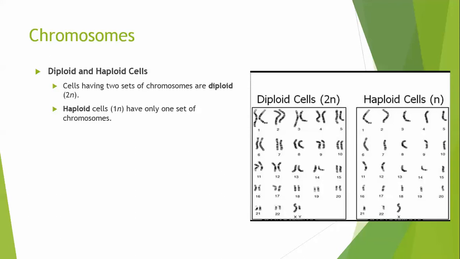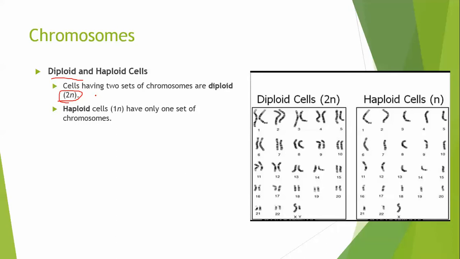Okay, so talking a little bit about autosomes and sex cells, we now need to go into what diploid and haploid cells are. So, diploid cells, when you think of diploid, think of double. Double the number. So, diploid cells are double the number.